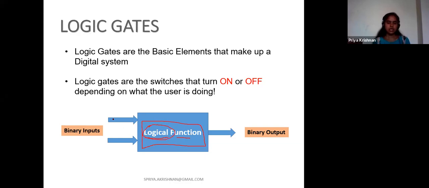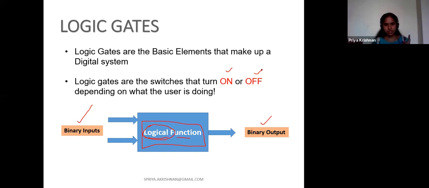I'll give some inputs, and I'll get some outputs. The inputs we call binary inputs and the output we call binary output. Binary input means the logic gate will know only two things. It will know only on or off, true or false, or else 1 or 0.